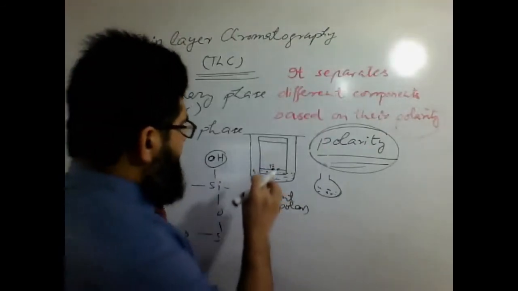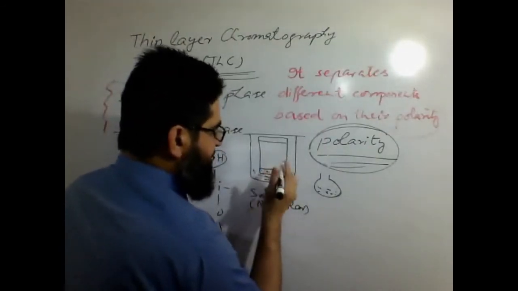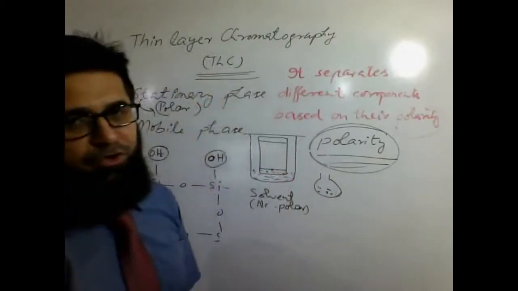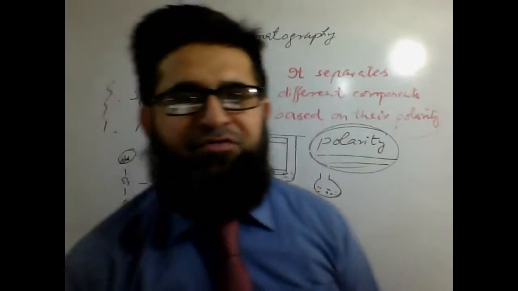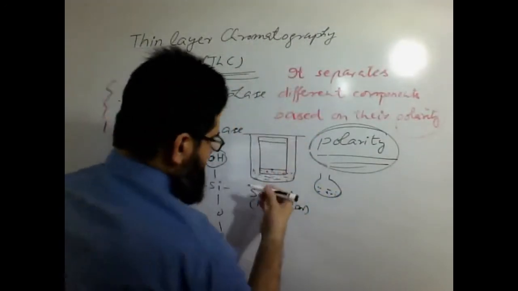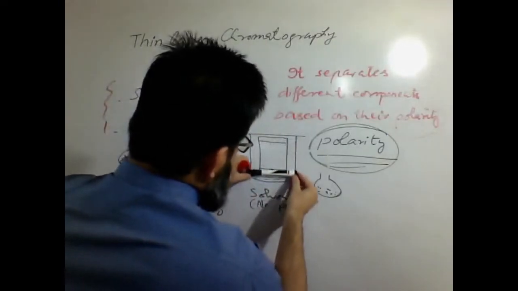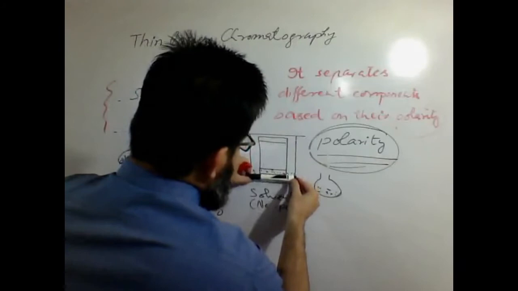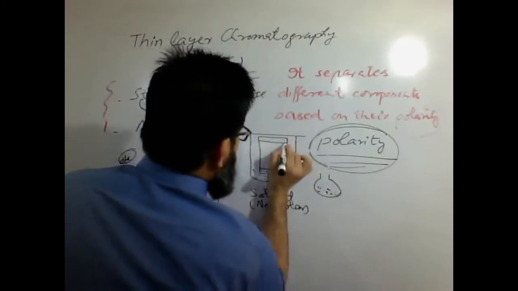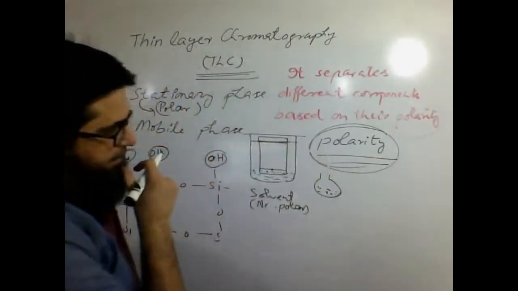The polar molecules will not move that high, they will not move with that speed, because they are facing some sort of retention. So this solvent which is present in the beaker will move. You should let it move till it reaches the upper lane, the lane you have marked on the upper surface of the TLC.